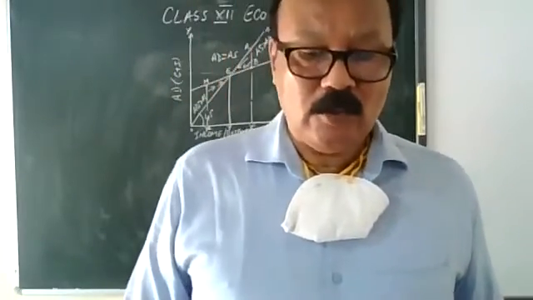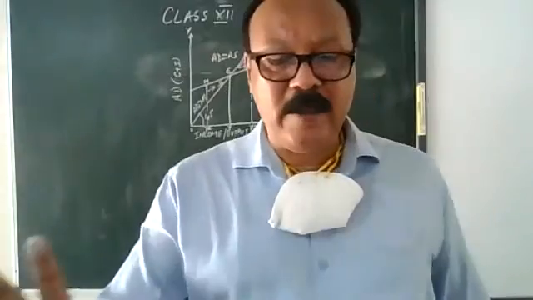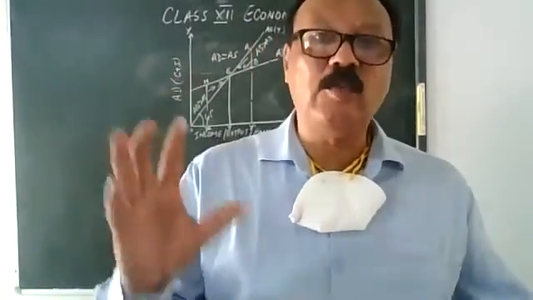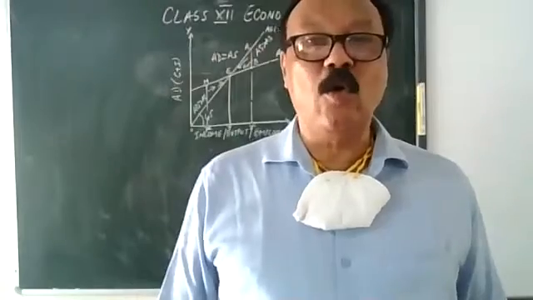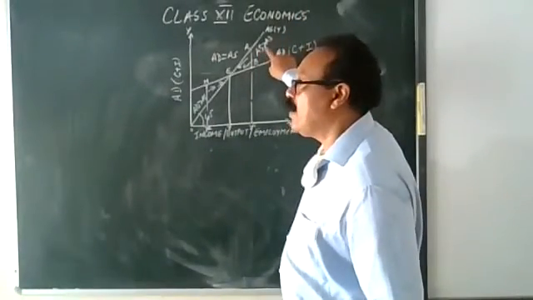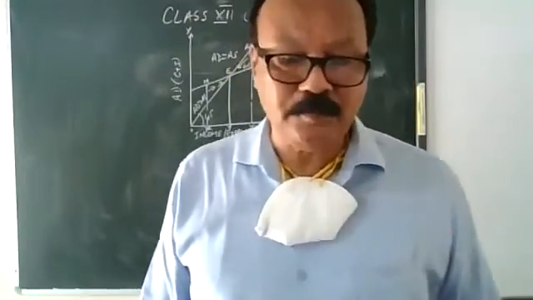Right or wrong? So the firms and the consumers would buy the goods that they require, and some goods would remain unsold, because supply is more, demand is less.